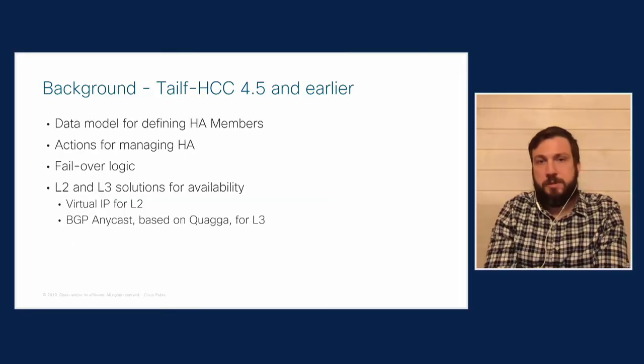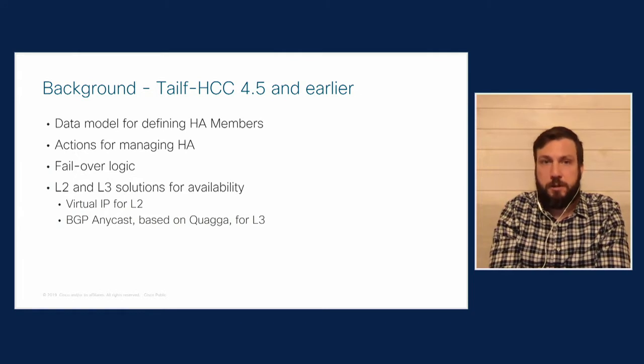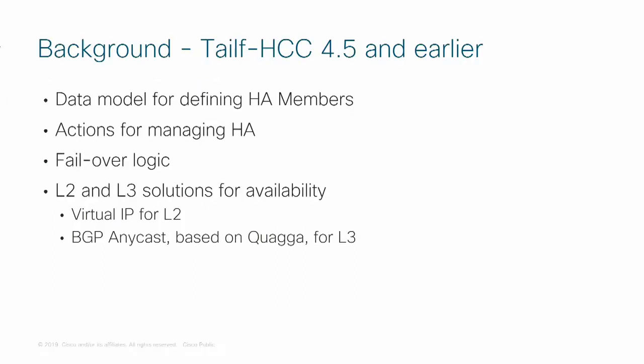And when it comes to routing traffic to NSO, there was solutions for both layer 2 and layer 3. For layer 2, a virtual IP address solution that could move between different nodes, and a BGP Anycast solution for layer 3, primarily intended for geo-redundant setups. And this was based on an external BGP implementation called Quagga.